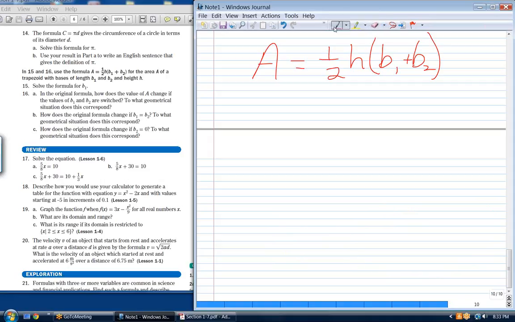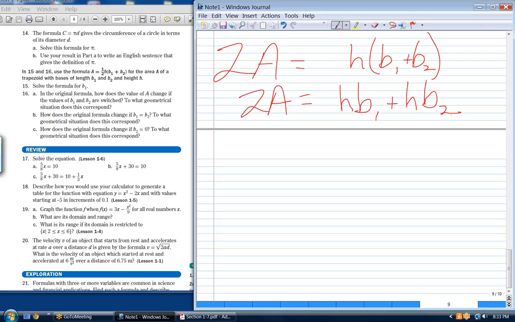What's the first step? I don't know. This one's hard. Let's get rid of that denominator. There's a 2 over here. Oh, yeah. Well that's easy enough to get rid of. Now what? What can we do with this H times B1 plus B2? Distribute it, which gives me this.